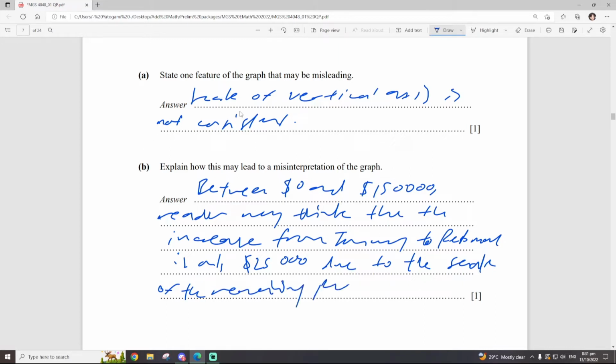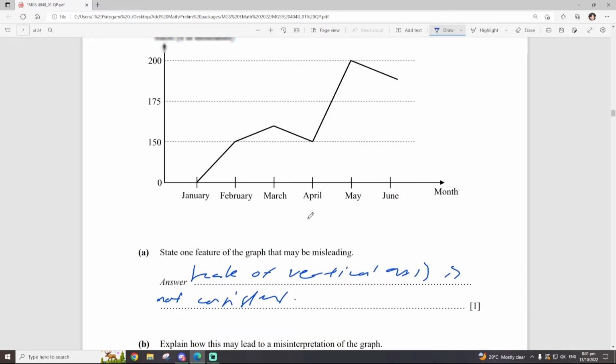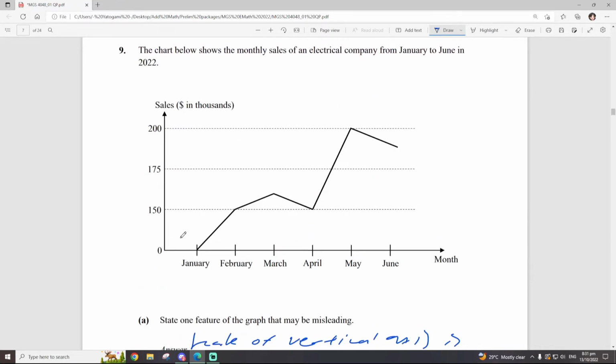Okay, so let me read that for you. Between $0 and $150,000, reader may think that the increase from January to February is only $25,000 due to the scale of the remaining part of the graph. So you can see that it's a $150,000 increase, but this one's only 25,000, yeah, so on. Okay.